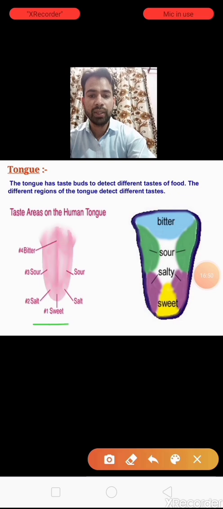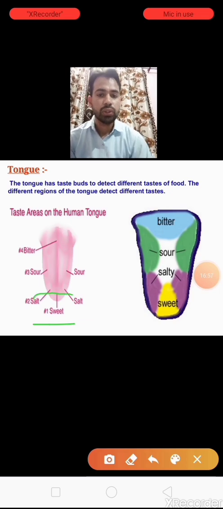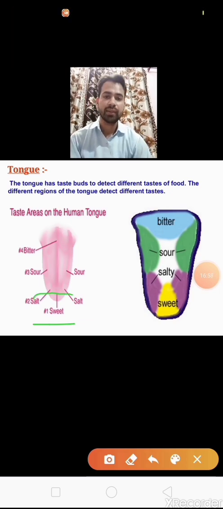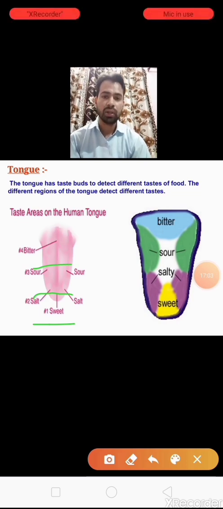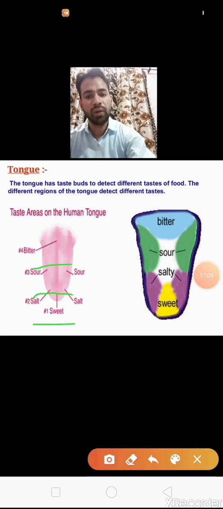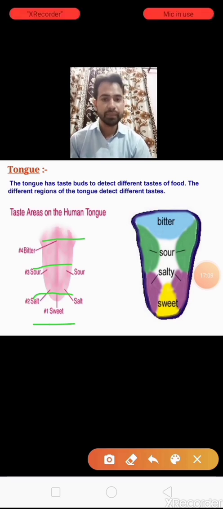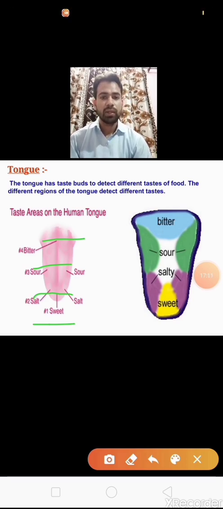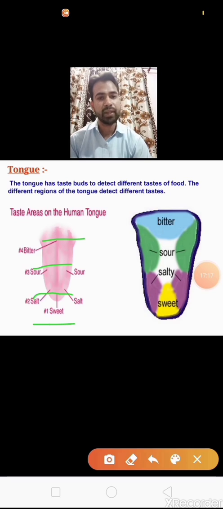See, number 1, that is sweet. Number 2, salty. Number 3, sour. Number 4, bitter. Okay, so the different regions of the tongue detect different tastes.